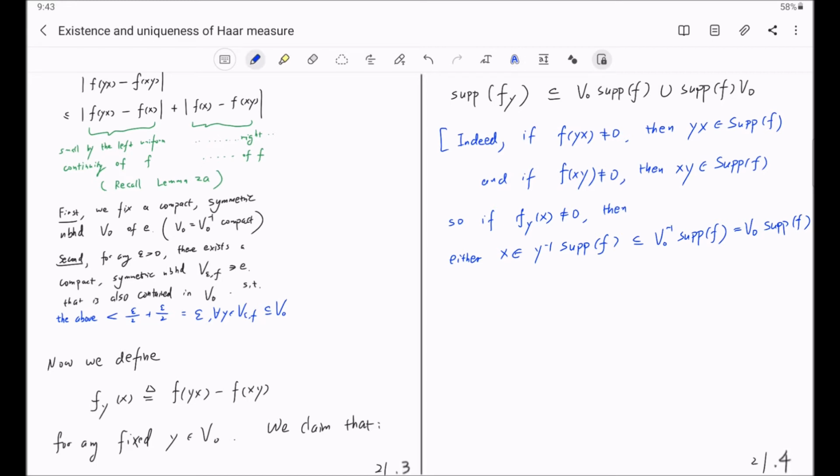Either this happens, or x in the second case is in the support of f times y inverse. This is contained in the support of f times V naught inverse, which again is equal to the support of f times V naught because of symmetry of V naught. So the support of f sub y is contained in the union of those two things.